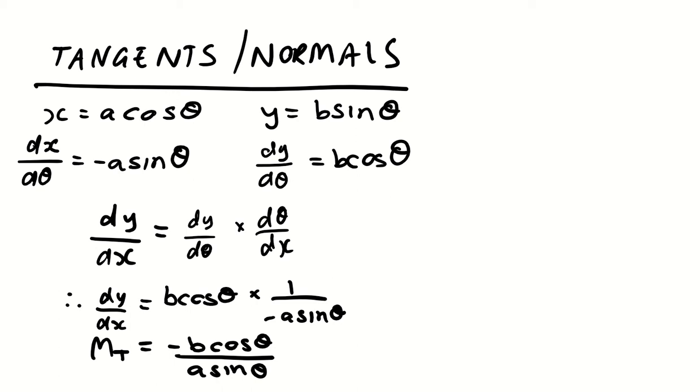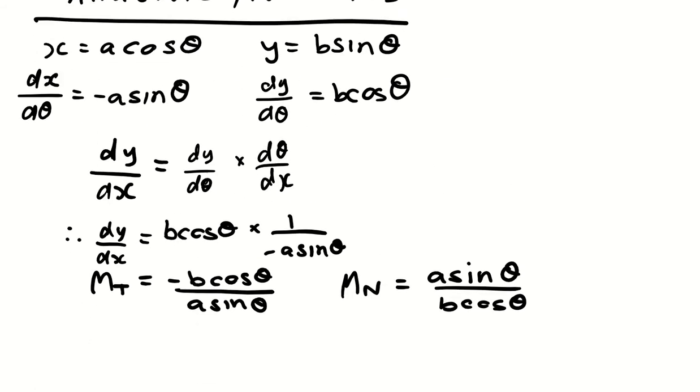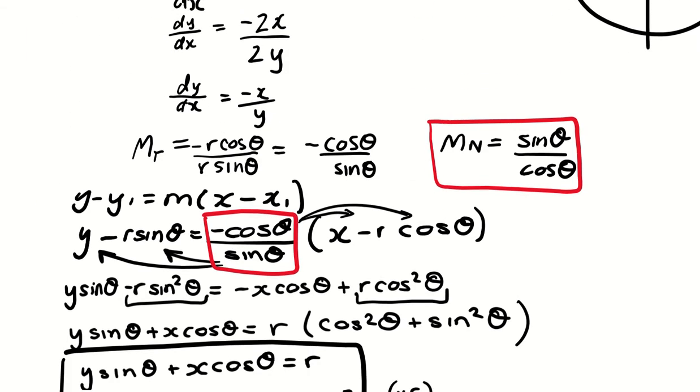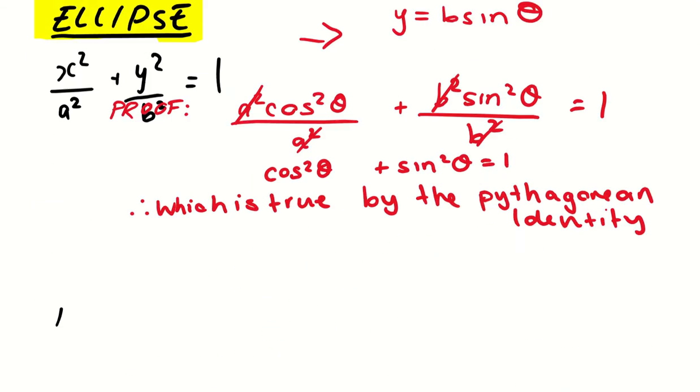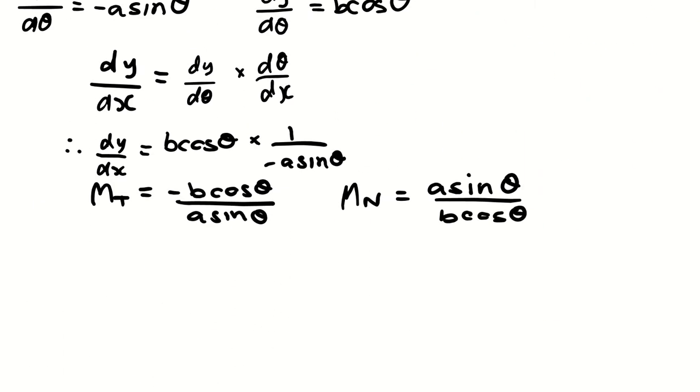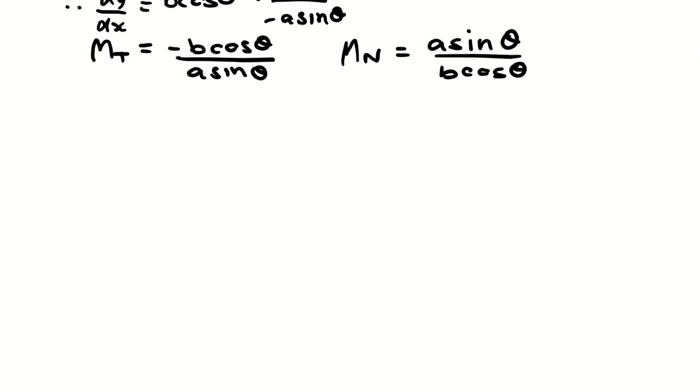Okay, now if I wanted the normal, take the negative reciprocal. I'd have a sine theta over b cos theta. Alright, now once I've got my gradient, we go to our point gradient formula.